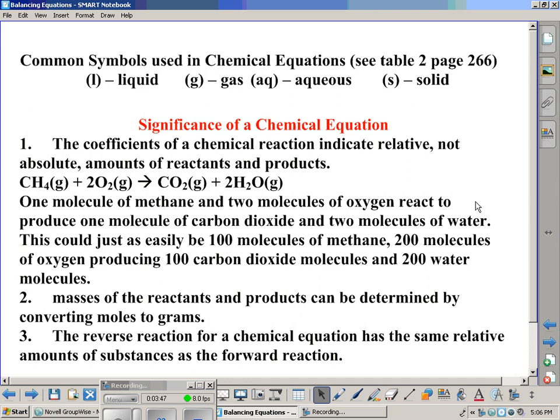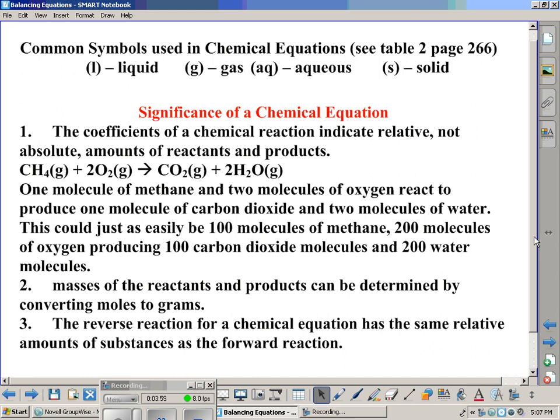In an earlier video, we discussed empirical and molecular formulas. Well, this leads into empirical and molecular equations. We may get into this in a future video, but for now that's enough to know.